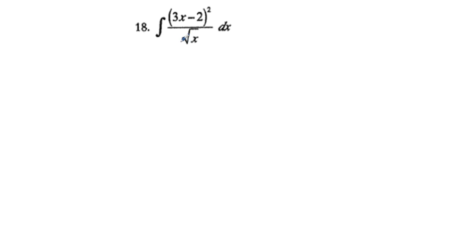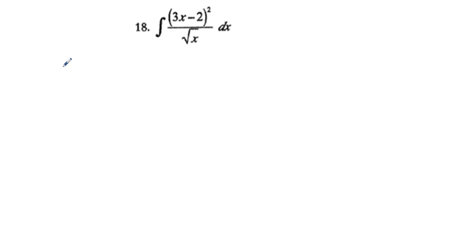Okay, we have kind of a little bit of complication of a root thing here with this dividing by this square root of x. So let's go ahead and try to make sense of all this. What we're going to do is the same thing we did in our last problem, 14 I believe it was, where we're going to expand this out.